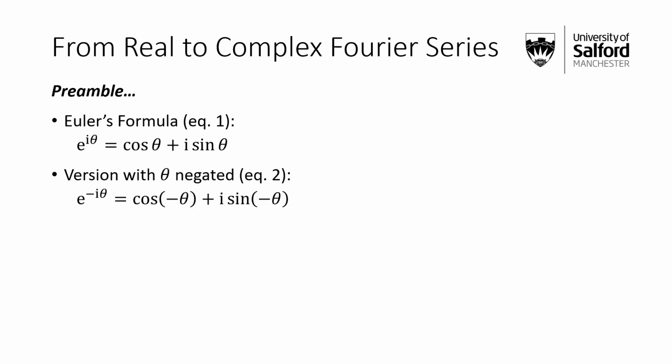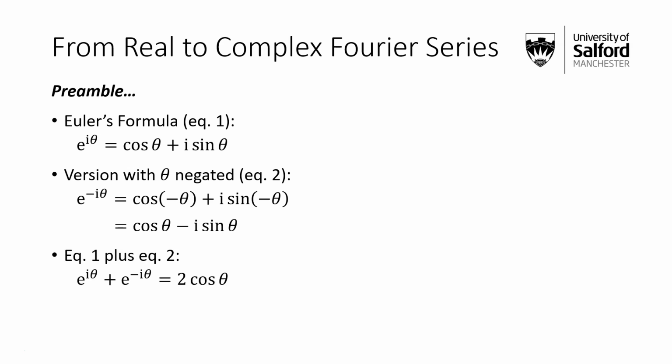I'm then going to look at a version with theta negated. So I've got e to the minus i theta. And so the minus theta goes inside. I've got cos minus theta, i sine minus theta. Now cos is actually symmetrical, so I can just get rid of that minus from the theta and nothing happens. Sine, however, is anti-symmetric, it's got odd symmetry, so sine minus theta is minus sine theta, it's sine theta negated, so I can take that outside and it looks like that.